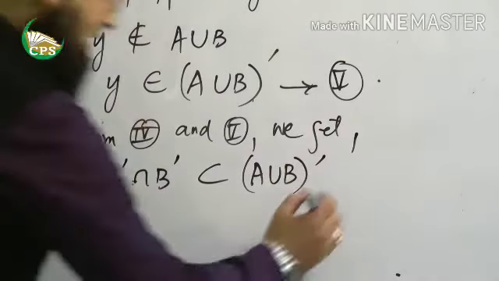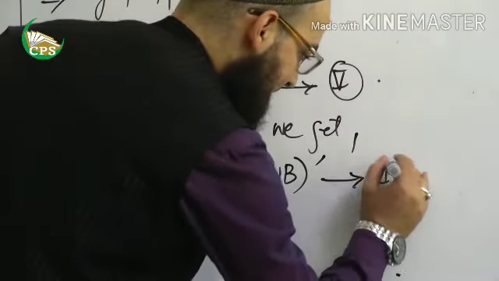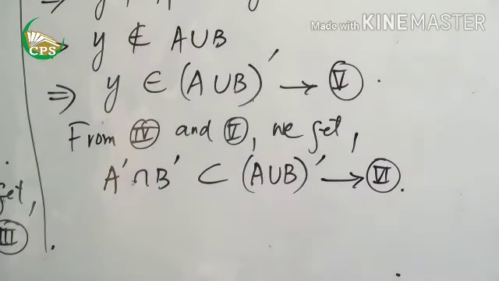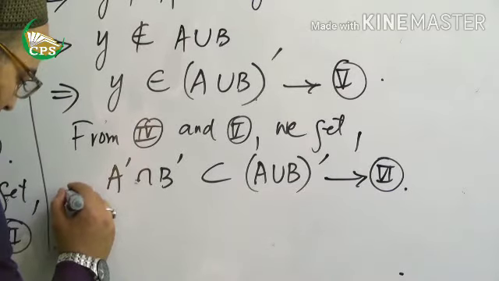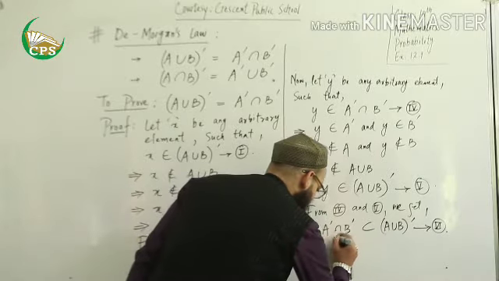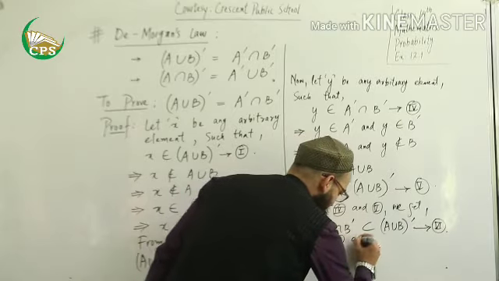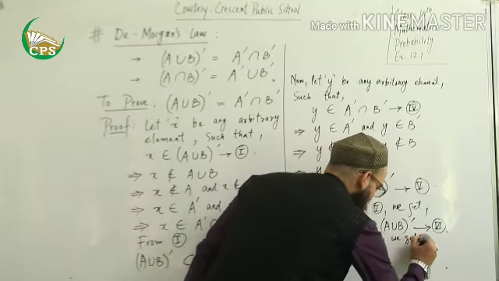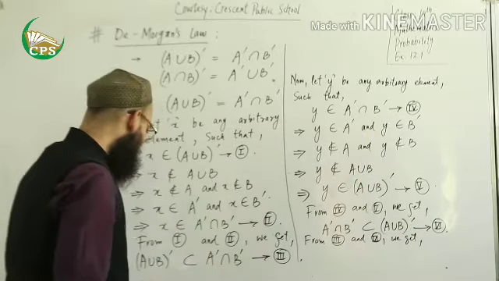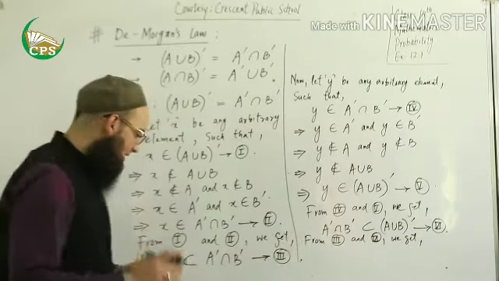Now let us name this as 6. Now let us compare this third and sixth. From third and sixth we get, now compare this and this. Now understand carefully.